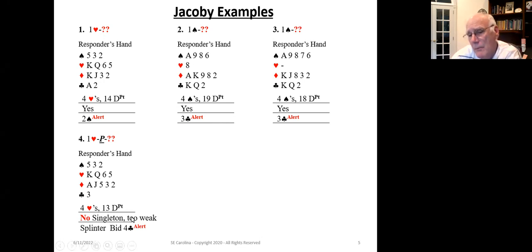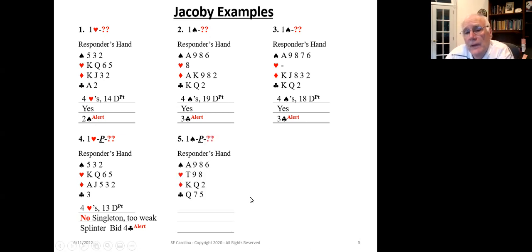You've got to remember how all of these little pieces of this small jigsaw puzzle fit together. In the 5th example here, our partner opened 1 spade. We've got a 4-3-3-3 shape, a flat hand. We've got 4 spades, and we've got 13 high card and distribution points. Because it's totally flat, we don't get anything extra for distribution.